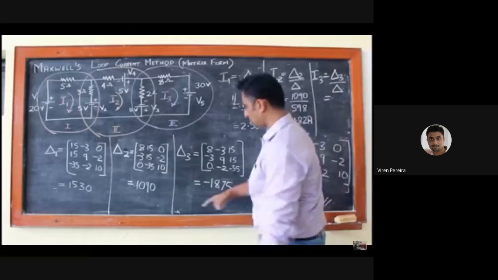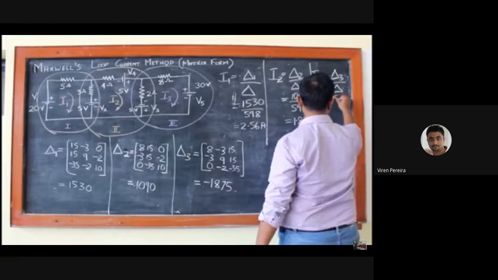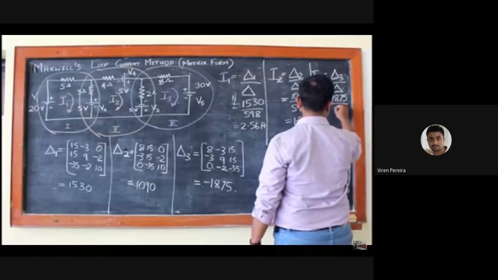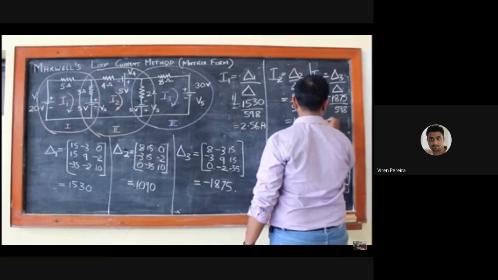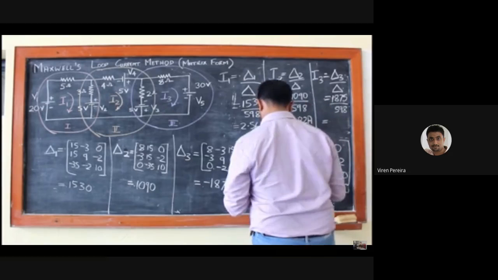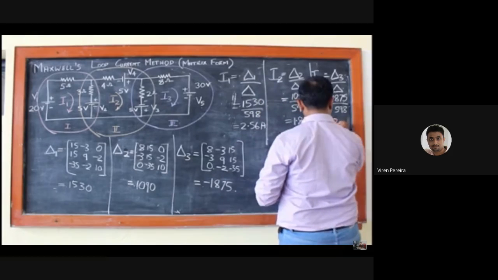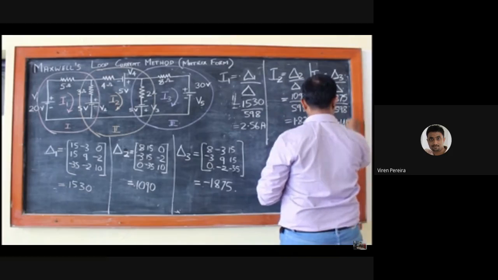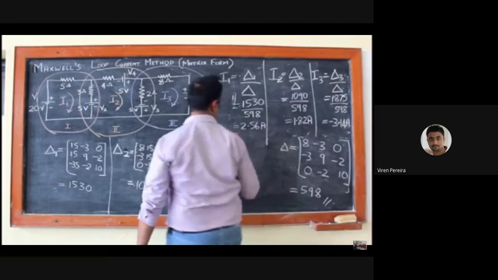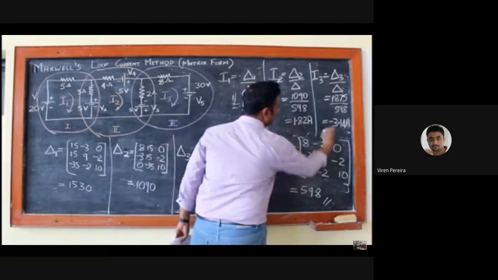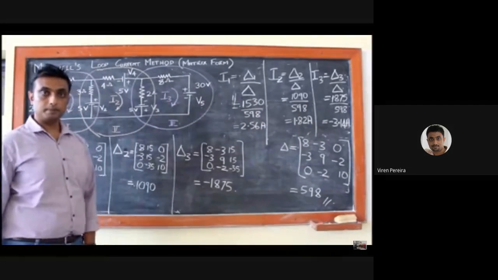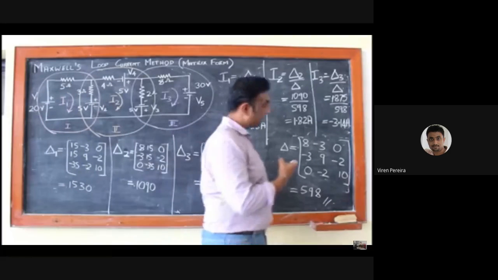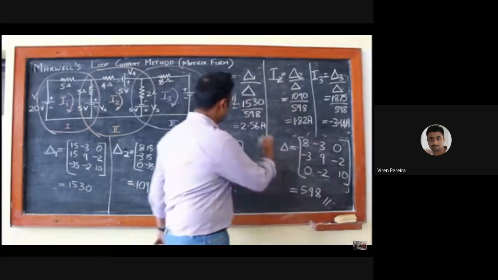The same way, I can find out I3, which is delta 3 divided by delta. So delta 3 value is 1875 divided by the value 598, which is your resistance matrix. So it will give me a value of minus 3.14 amps. So I got 2.56, 1.82 and minus 3.14 amps, which you might notice in my episode 1, which I have already published, are the same values.